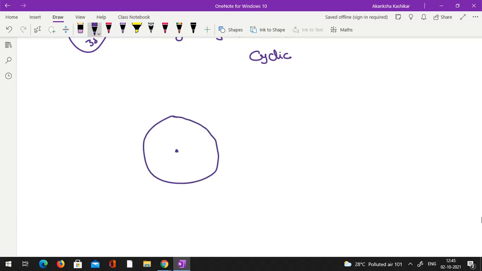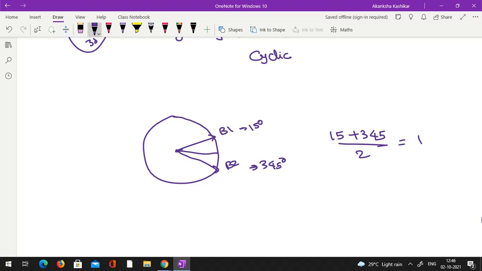For example, suppose I have recorded directions of flying for two birds. For bird 1 this is, suppose, 15 degrees, and for bird 2 this is 345 degrees. Now what is the mean? If I consider the usual sample mean, it will be 15 plus 345 by 2, so it will be 180 degrees. So my mean direction would become this, which is actually a ridiculous thing because my original directions are here.